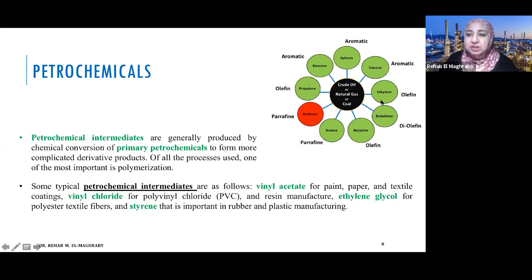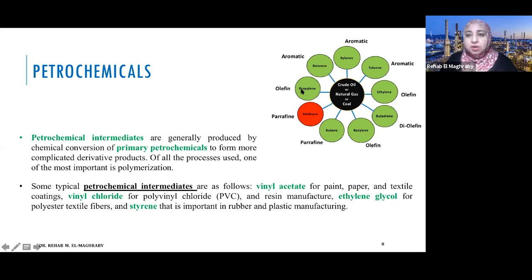So you can get ethylene from natural gas. Another example is that the cover of your plastic bottle is polypropylene. The plastic bottle is polyethylene terephthalate, while the cover of your plastic bottle is from propylene. It's called polypropylene, based on the polymerization of propylene.